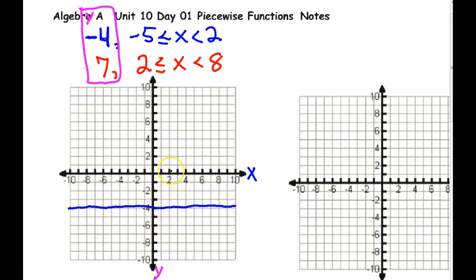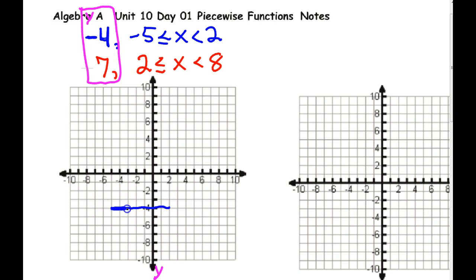All right, so here's 2. This is one place where it's going to stop right here, and then it's going to start right here. So really, we just want to keep from here to here. That's the only part we want to keep, and all this other stuff we don't need. So it's very specific of where it starts and stops. In the end, you want to have -4 starting at -5 and stopping at +2.